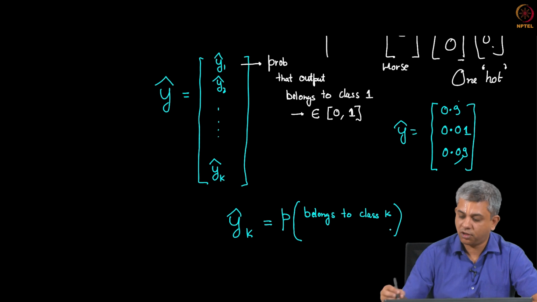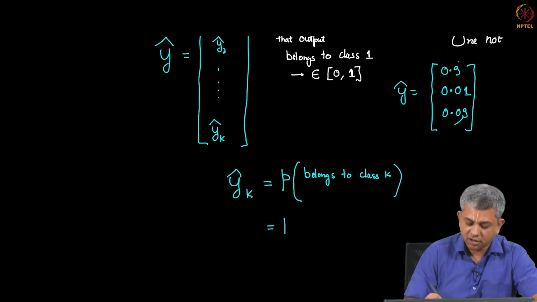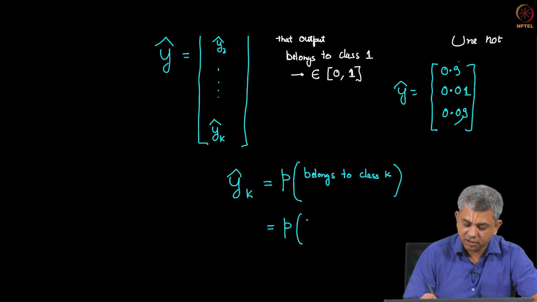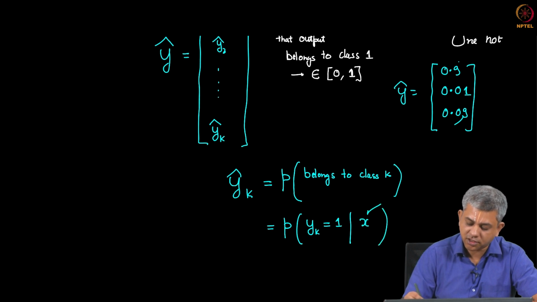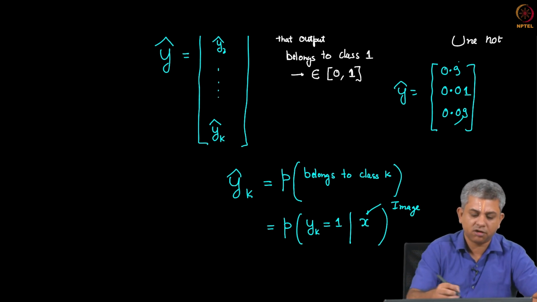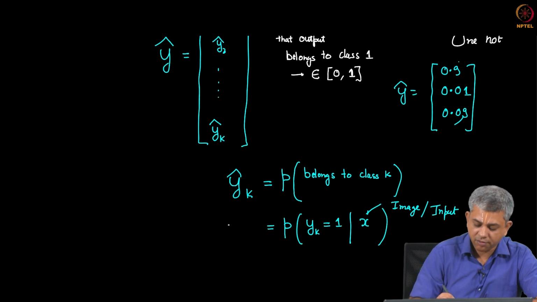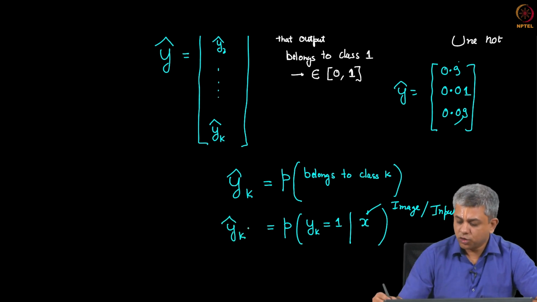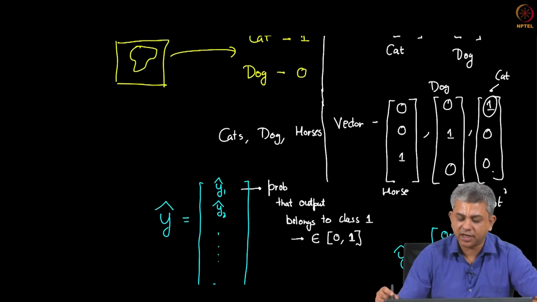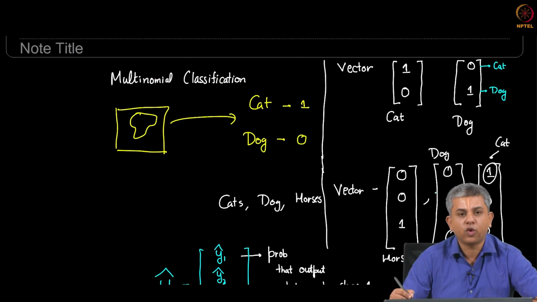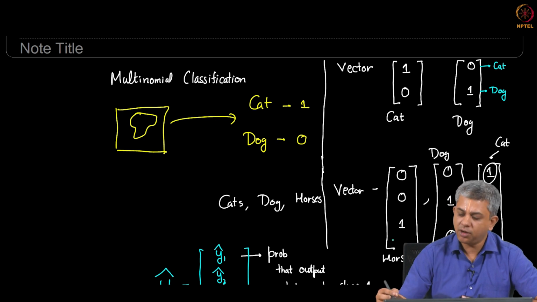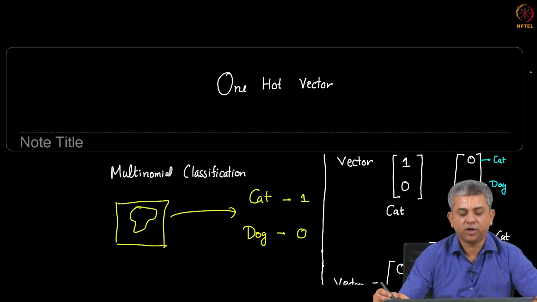More precisely, this is the probability that y k equal to 1 given whatever our input image, X. Here X denotes the image in the example, and in general it would denote whatever input we have given. So, this is the one hot vector, and as you can see it can generalize from a binary to a k class problem. We will be using this for multinomial classification.